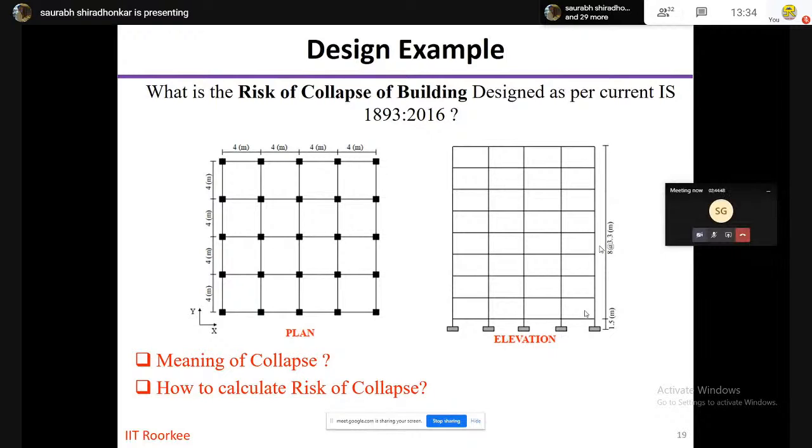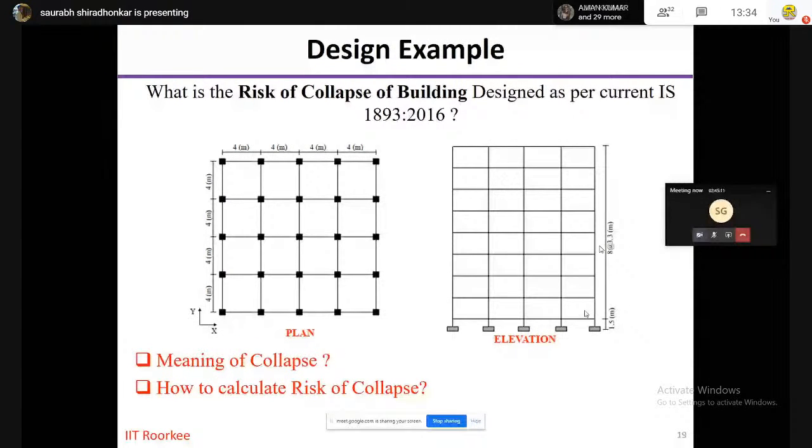At this moment, I'm talking only about a single building, but if you can imagine that if the situation of a single building is so uncertain, what could happen to a group of buildings which are located across the same region? So quantifying the risk of a single building is important to understand its performance, while understanding the behavior of a large number of buildings is very important to understand the losses which are imparted by the seismic forces.